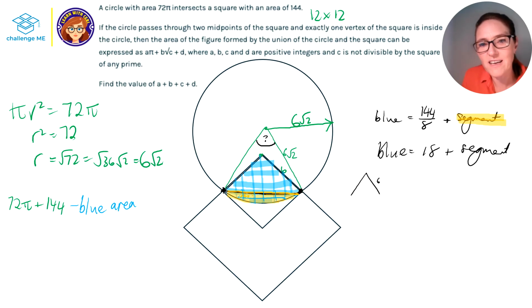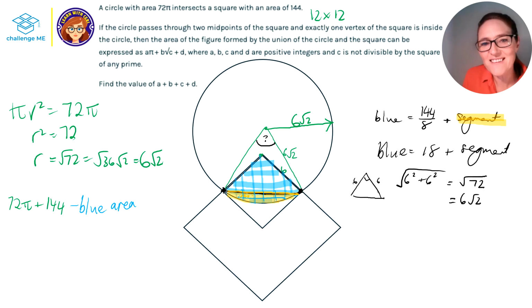So we've got a 6 by 6 square, right angle there, and so that's the hypotenuse. So if we square it, add it, square root it, we get square root of 72 again. We've seen that before. So that's 6 root 2.